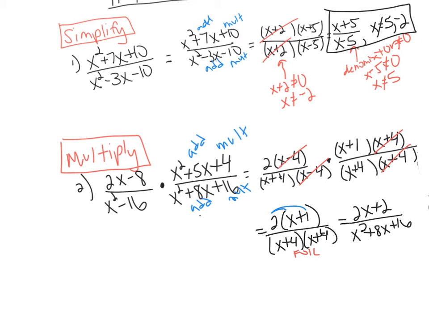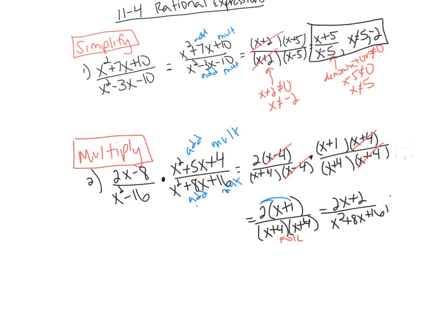So this is our simplified answer, but we cannot forget with rationals, our denominator can never, ever, ever be 0. So we have to look at all of our denominators and exclude any x that would make it go to 0. Just from the first denominator, x plus 4 cannot be 0, therefore x cannot equal negative 4.